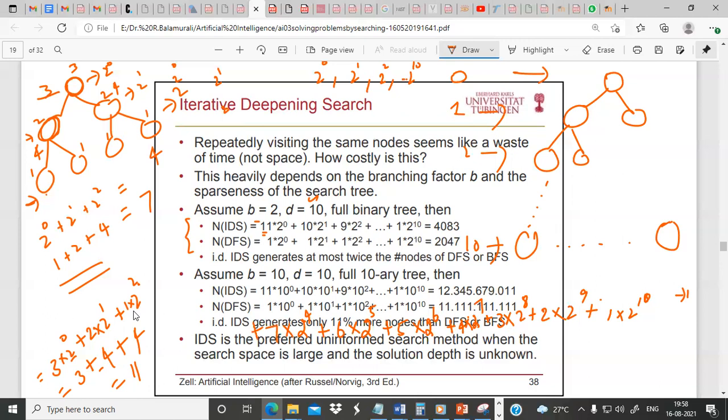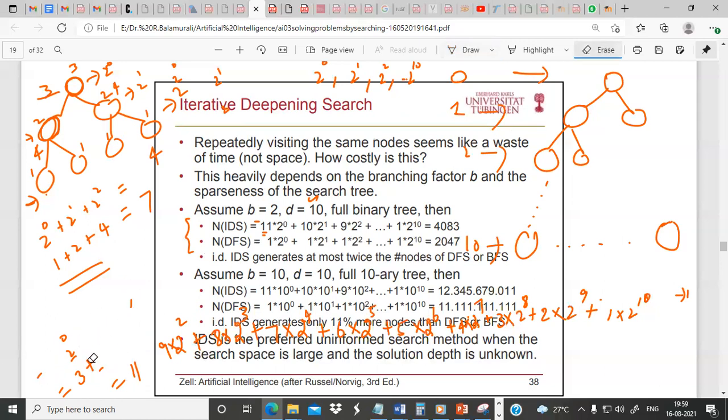At the next level, 2 to the power 3 nodes, explored 8 times. At the next level, 2 to the power 2 nodes, explored 9 times. It continues until it reaches 2 to the power 0.